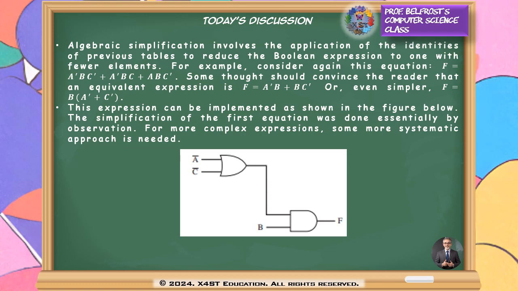So this expression can be implemented as shown in the figure below. The simplification of the first equation was done essentially by observation. For more complex expressions, more systematic approaches are needed, which include two methods that we will discuss later.